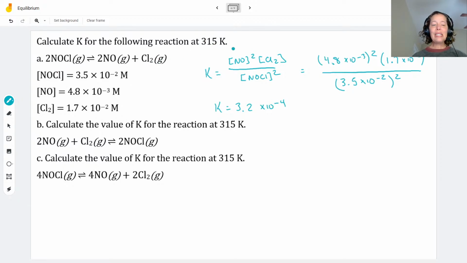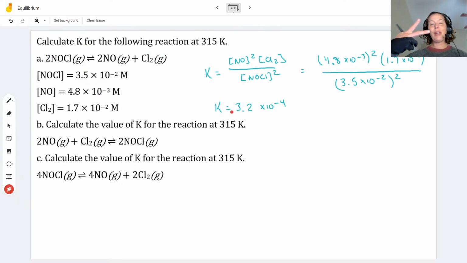Okay. Let's talk about part B. So part B says calculate the value of K for the reaction again at 315, but this time they didn't give us any concentration. So how are we supposed to calculate K? Well, there's something that you might notice about this reaction. This reaction is just this one written backwards. So what happens when we do that?